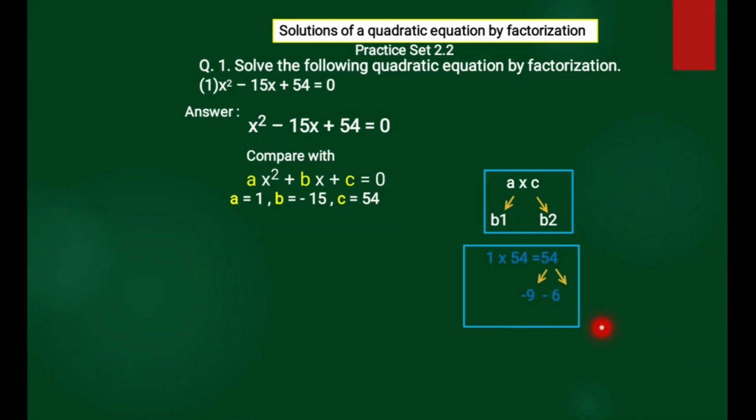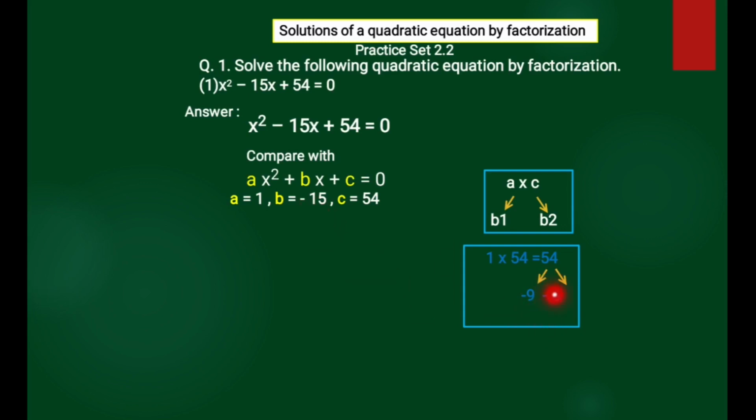So see here the value of a is 1, the value of c is 54, so 1 into 54 we get 54. Now we split up this 54 so that we get its product as 54 and their sum must be equal to the middle term, that is the value of b.